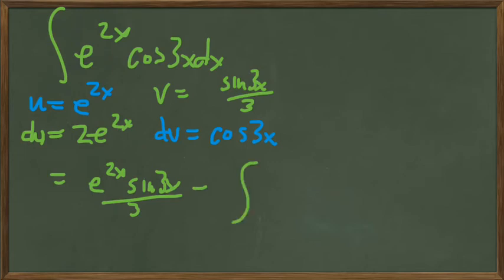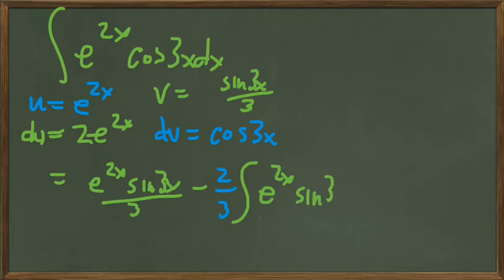Du has a 2 multiplier, and v has an over 3, so let's bring both those out, minus 2/3. And then we've got e to the 2x and v du.